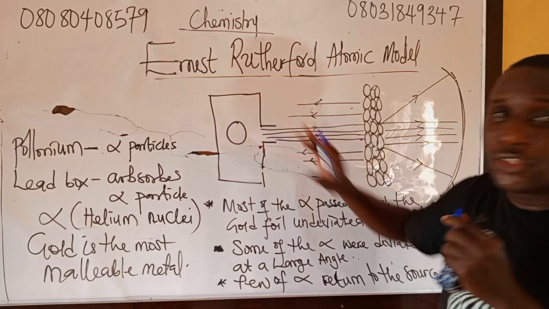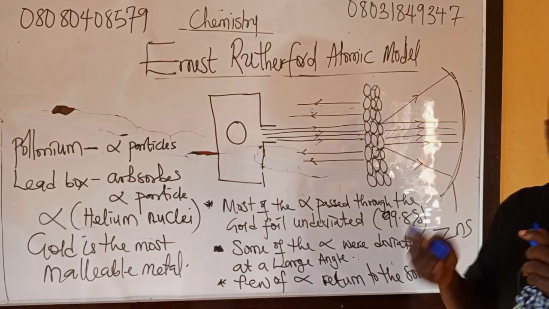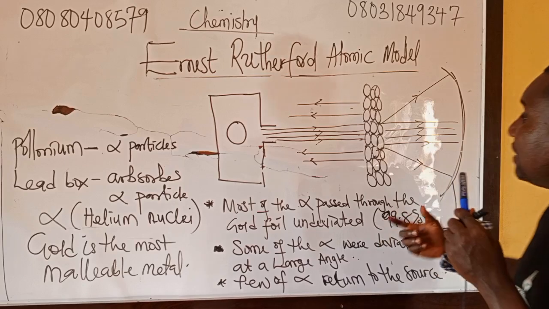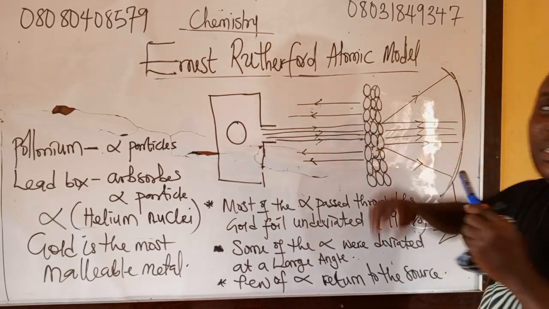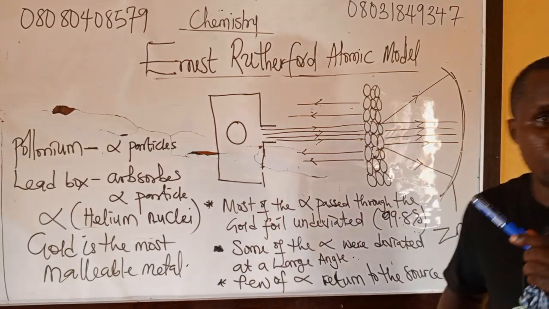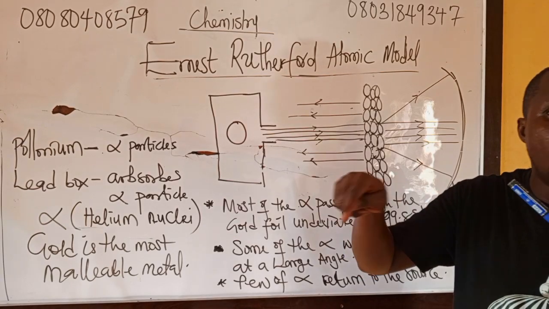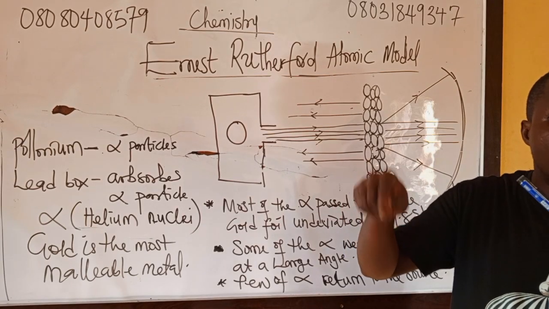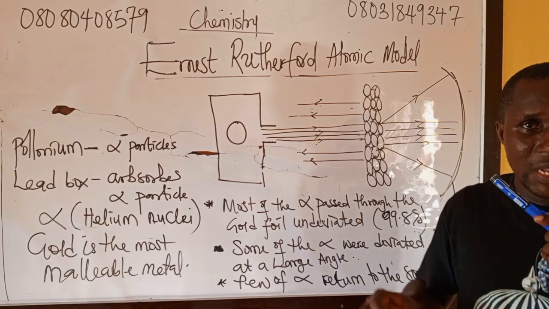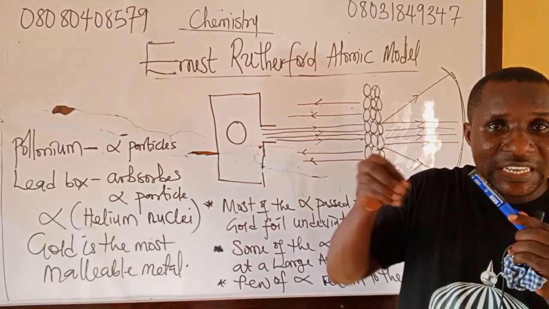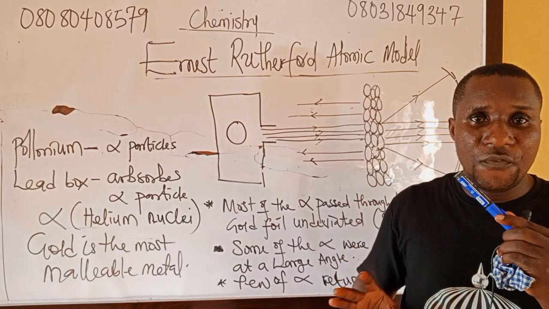Then few return. Then what is the conclusion of this man? The conclusion is that an atom contains a central particle known as the nucleus. That atom has a nucleus, which is the positive core of an atom.